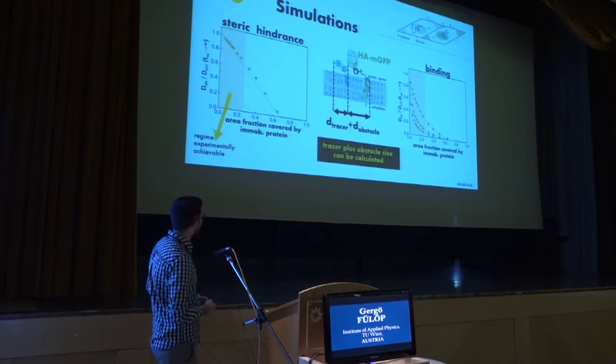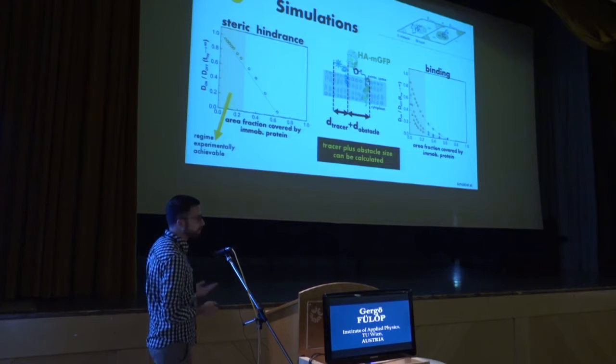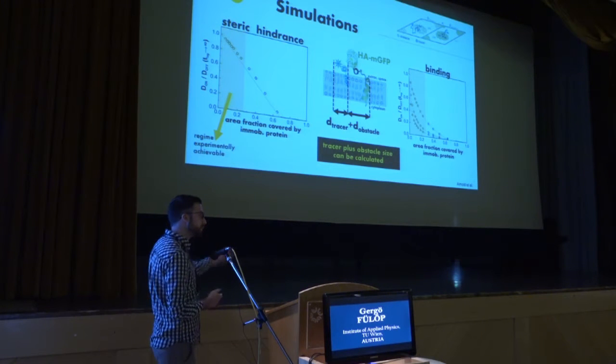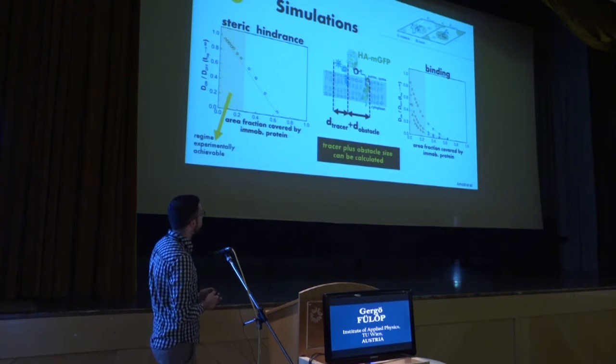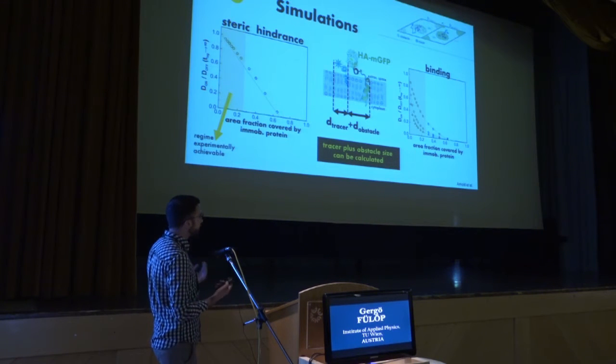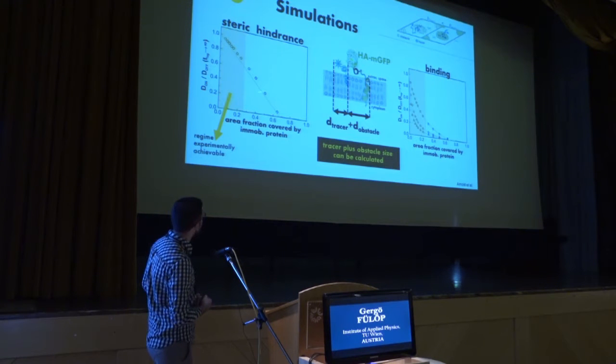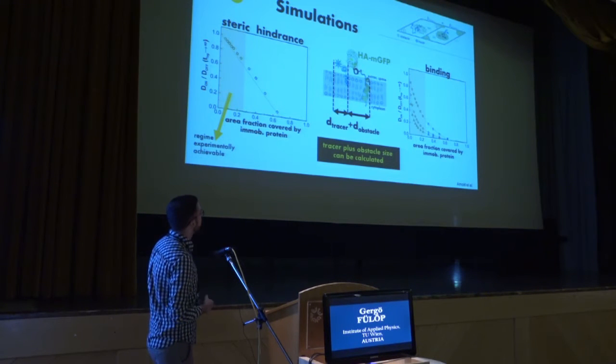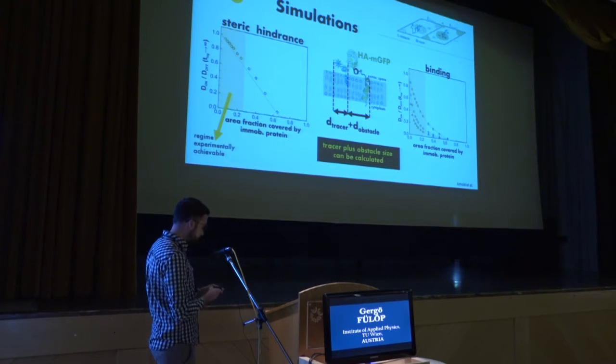So basically, this quotient should be 1 if there is no effect, if the probe can freely diffuse in this area, just as it would do outside of this area. And as we go towards higher densities, so when we have the crowding effect, this number should be lower than 1, meaning that the protein is slowing down in this area.